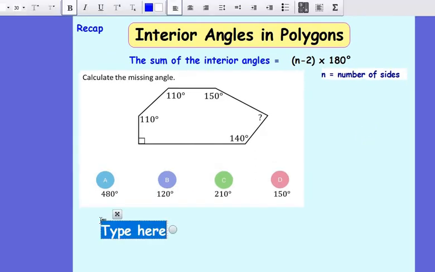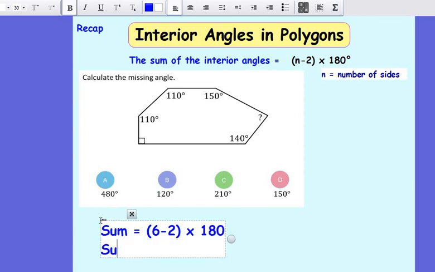Okay, let's work it out. So the sum this time is going to be 6 minus 2 times 180. So the sum of all those interior angles is 4 times 180. 4 times 180 will give me 720. So I know the total of every single one of those angles is going to be 720.